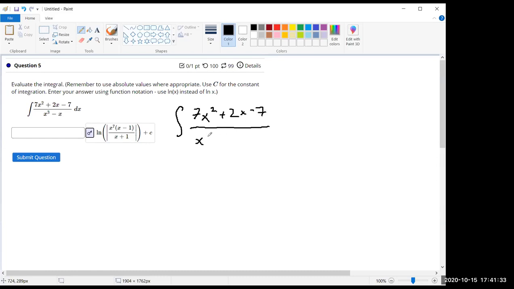This is x, and then you'll be left with x squared minus 1, which is x minus 1, x plus 1, right? Okay, so there's your denominator factored, which means we need 3 fractions when we split it up. So we will have one for x, one for x minus 1, another one for x plus 1.